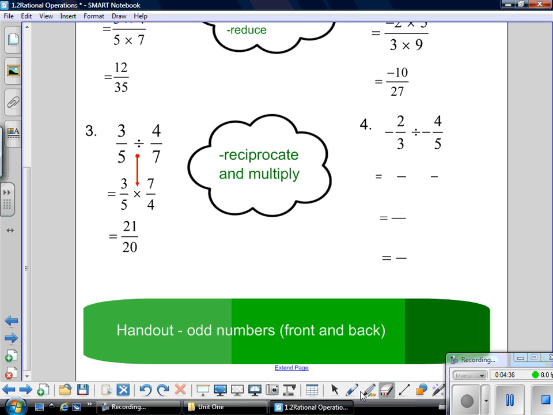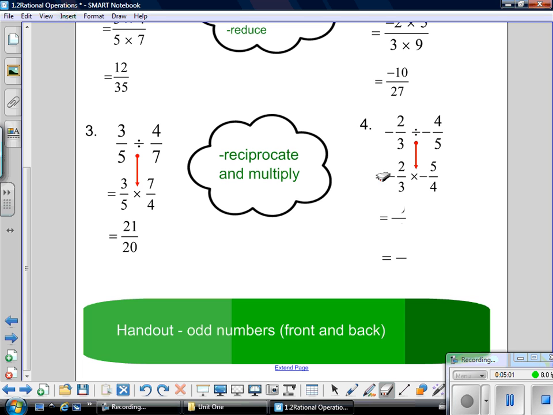Similar idea here. Again, we have a dividing, so we're going to change the dividing to a multiplying. And when we do that, then we have to reciprocate the second one. Okay, notice we still have a negative, but the 5 is on the top this time and the 4 on the denominator. And we have a negative 2/3 stays the same. Okay, watch out.